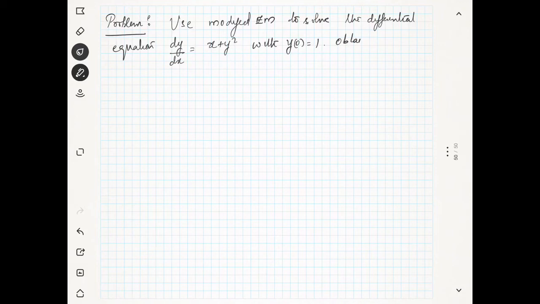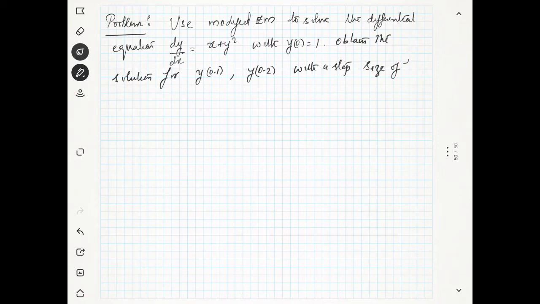Obtain the solution for y of 0.1 and y of 0.2 with a step size of h equal to 0.1.